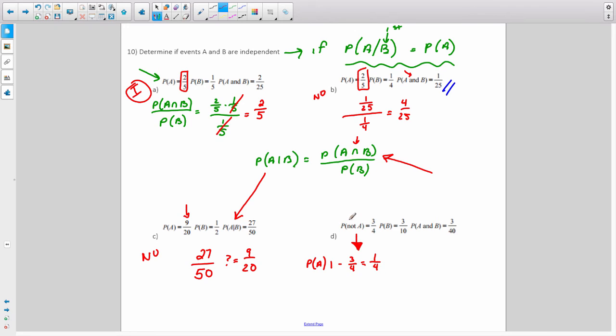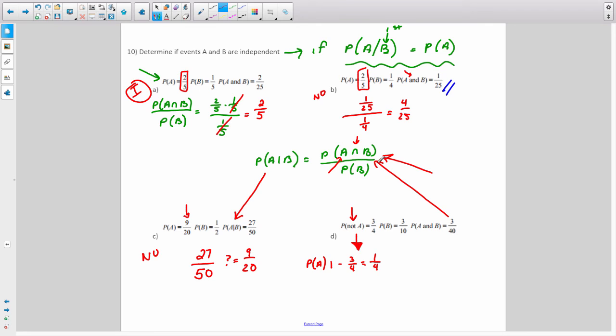Okay? I hope you see that. They gave us not A. We need A in our formula. So that's like taking the complement. Okay, cool. They gave us B, which is fantastic. And then they gave us P of A and B. How's that going to help us? Oh, ShamWow. That's the guy on top.